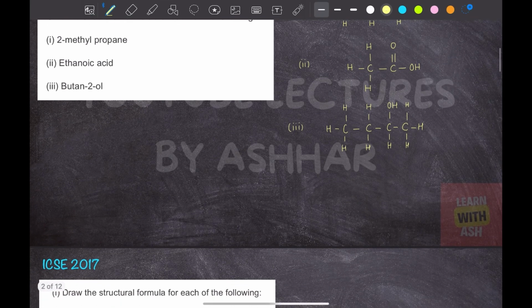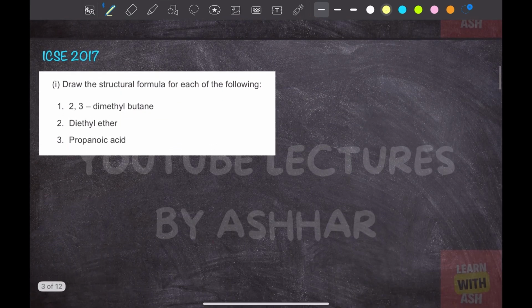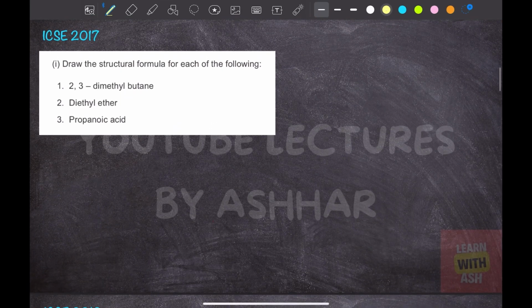Now moving on with the next questions, that is for ICSE 2017, and the first structure that is given to us is simply 2,3-dimethyl butane. So our first job is to draw 4 carbons for the butane, and at the second and third carbon there is a methyl group.